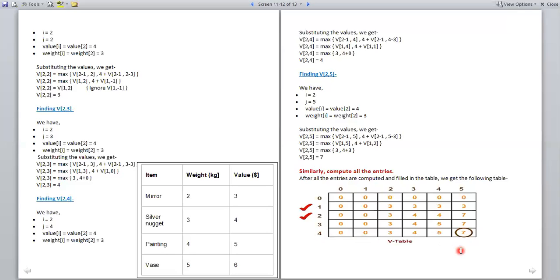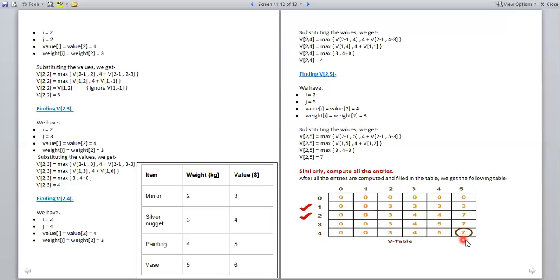Again I repeat. First you have to identify the maximum value, and the last row and last column always provide you the maximum profit. After that you have to find out the items, which items you select to get the maximum profit.